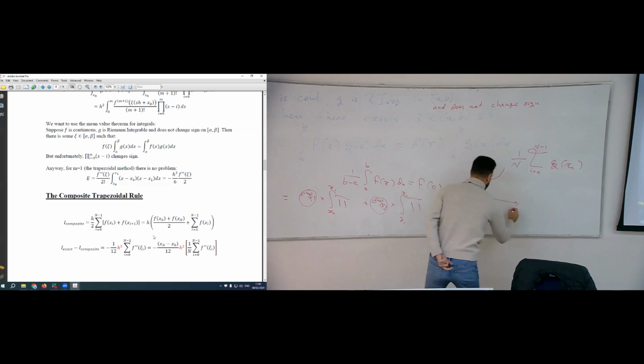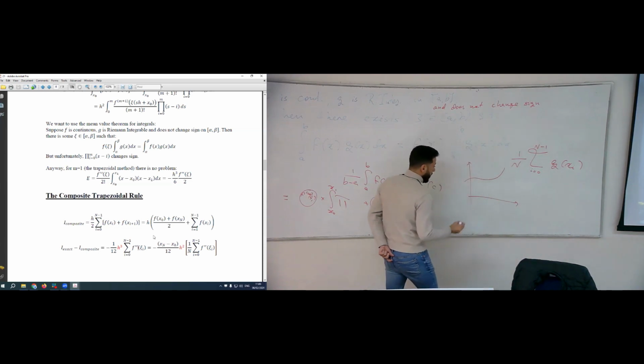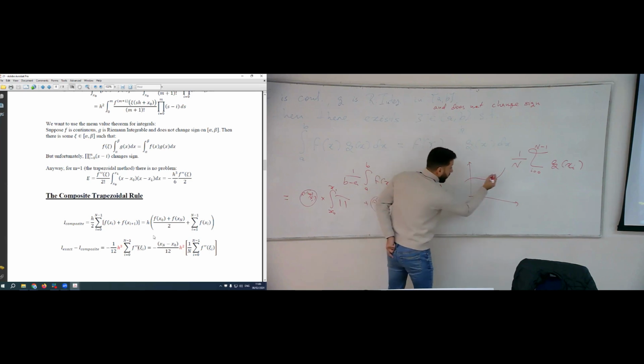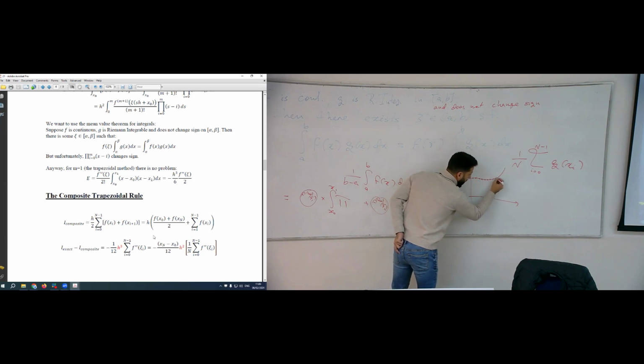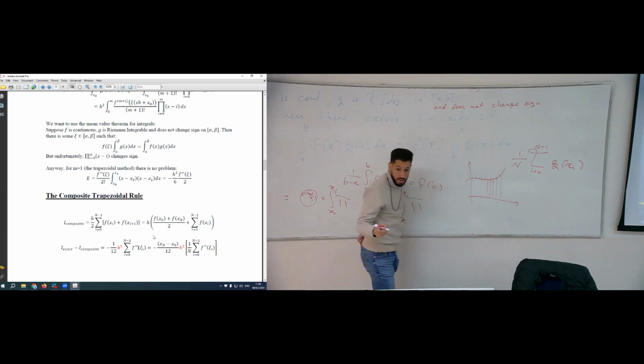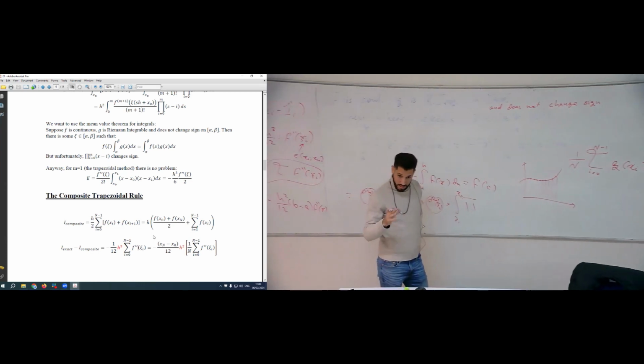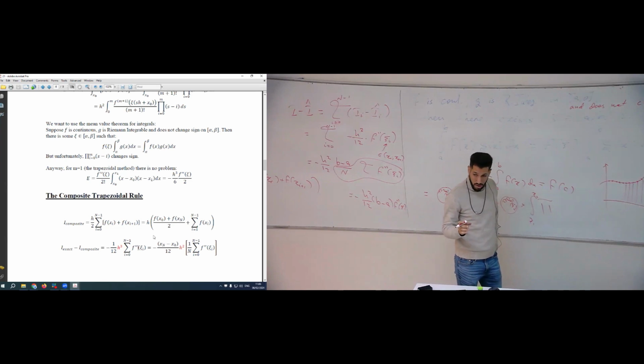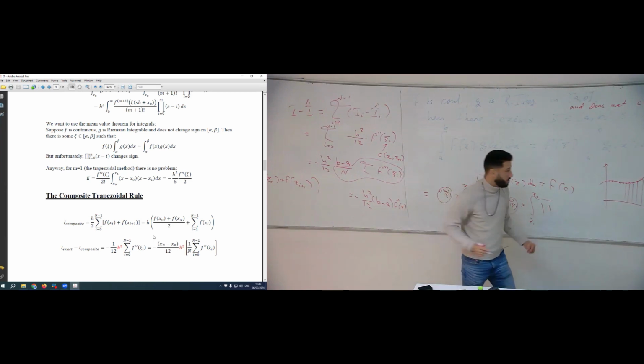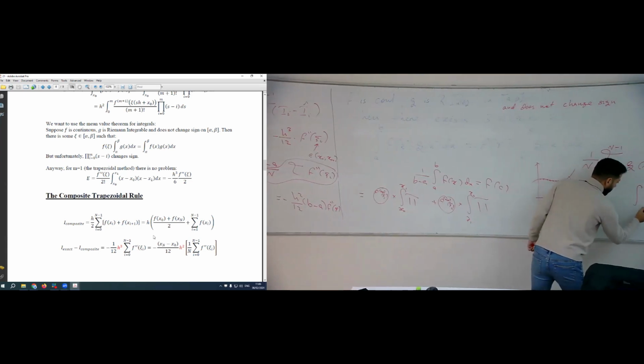If this is g and n is very large, so I take many points here, many points. Yes, it's the integral over b minus a. It is the average of the function.